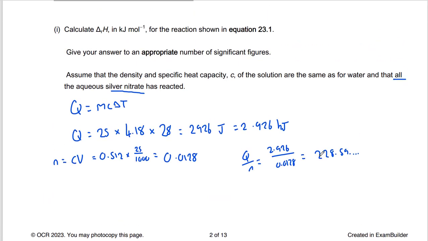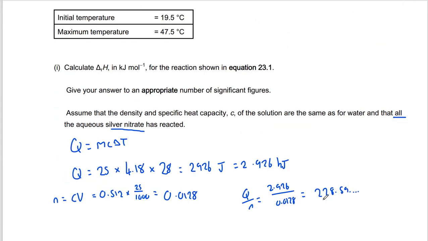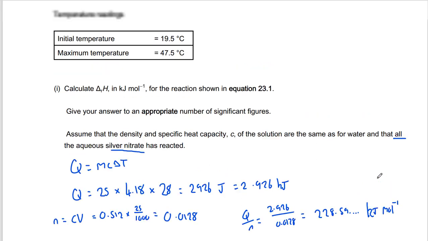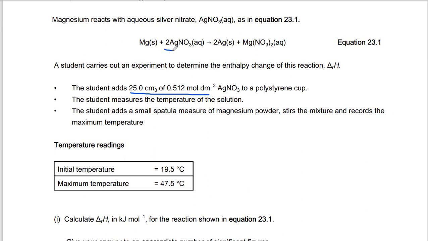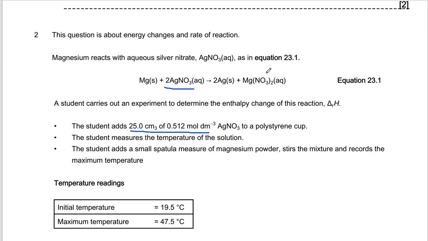Because this is one of those little tricks where you have to look back at the question and look at the number. What you've just worked out is the number of kilojoules per mole, as in 1 mole. So this is kilojoules per single mole. The question has 2 of them. So if I had 1 mole of silver nitrate, the answer would be minus 228.59 and so on.